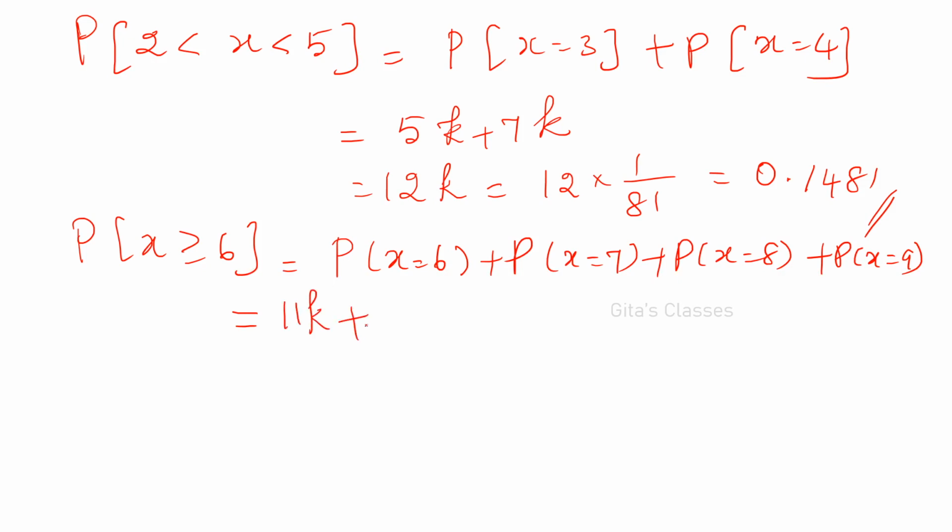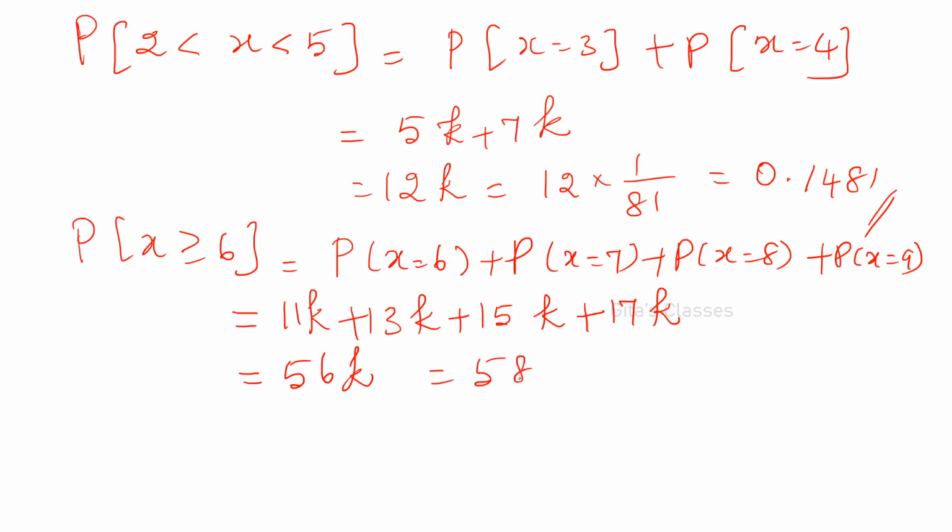So 11k plus 13k plus 15k plus 17k. How much will you be getting? 24, 52, 56, right? 56k, which is 56 divided by 81. So 0.6914 is the answer, right?